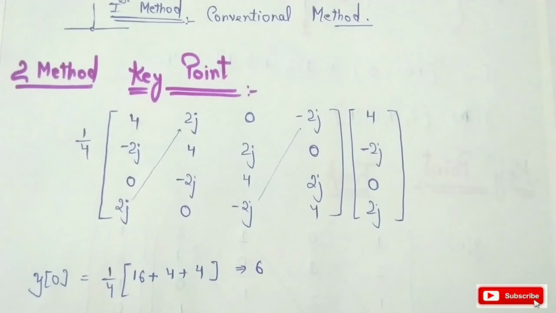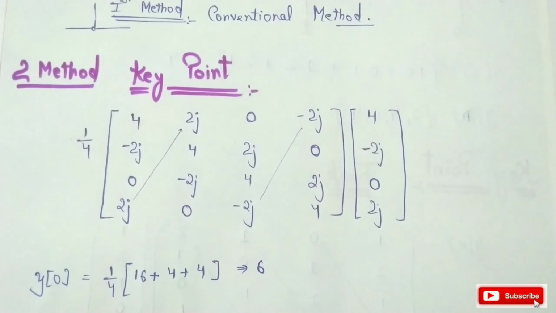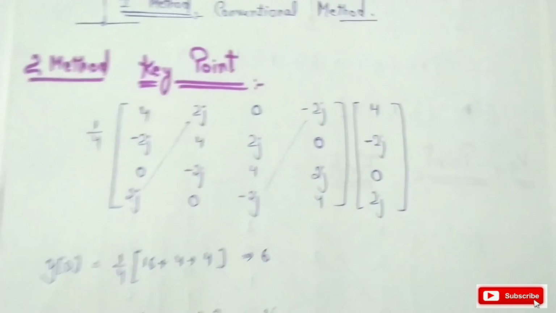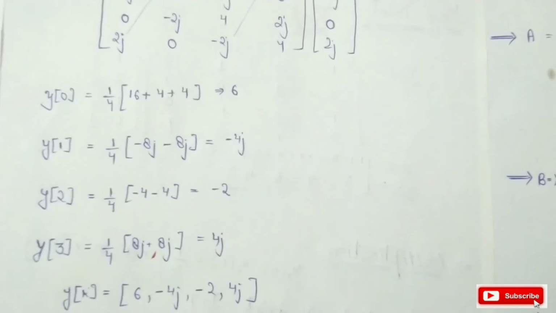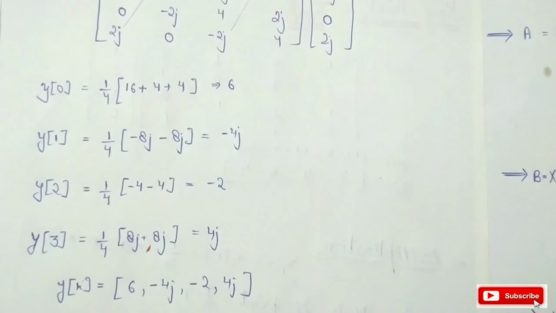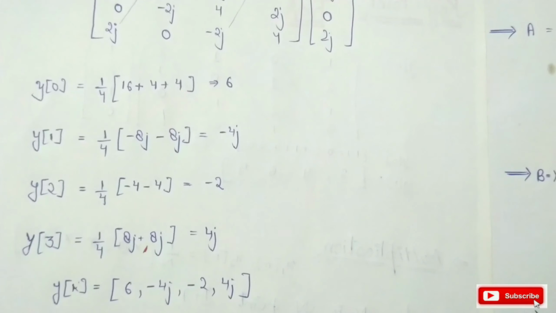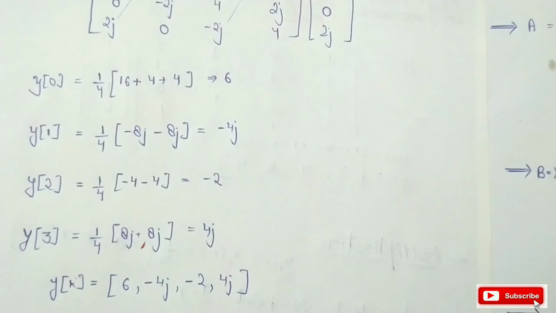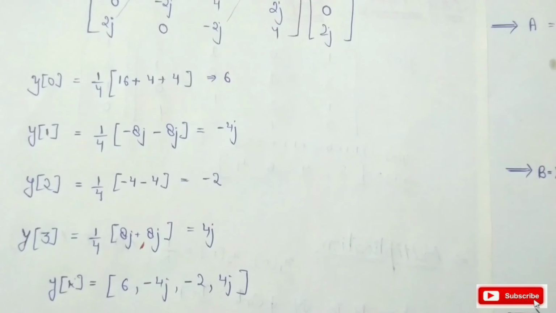So the resultant y of 0 is 6. In the same manner we perform the multiplication for the rest of the terms. So y of 1 is minus 4j, y of 2 is minus 2, y of 3 is 4j. So the y of k is 6, minus 4j, minus 2 and 4j.